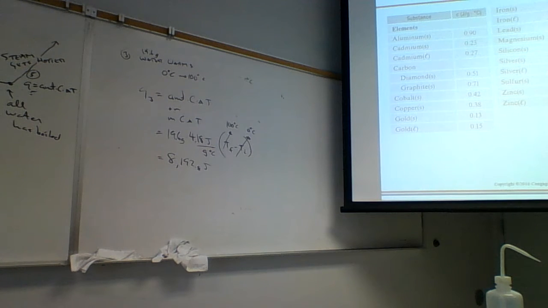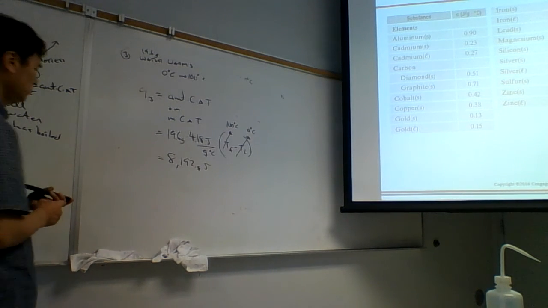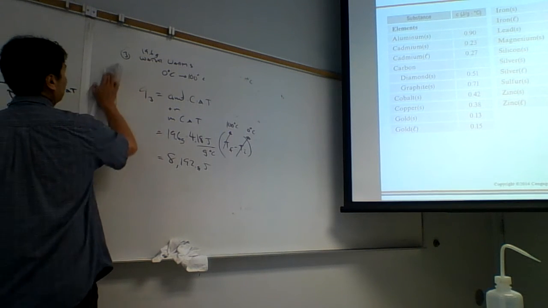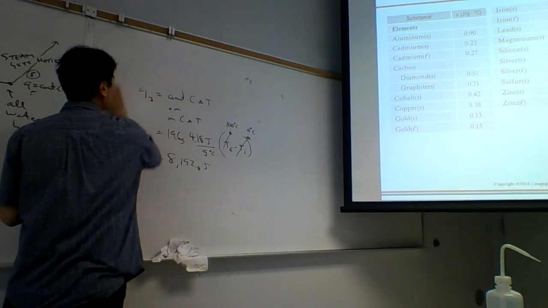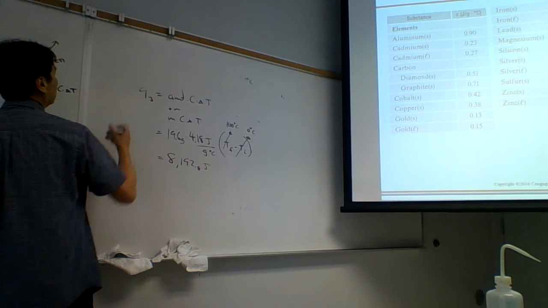So warming the water costs a lot of energy. Once all the water's been warmed up, then we're at step 4, where the water is going to start to vaporize as well.